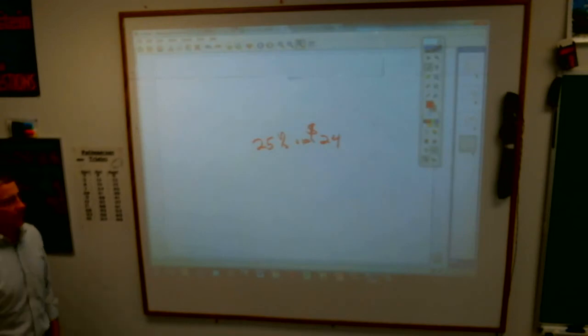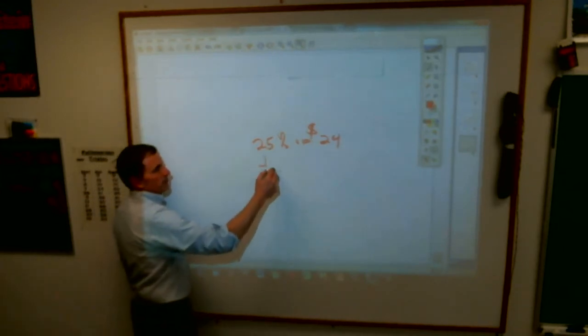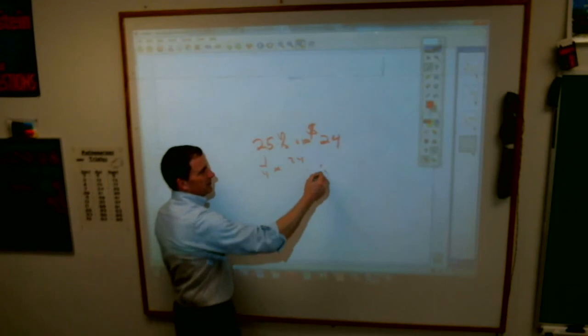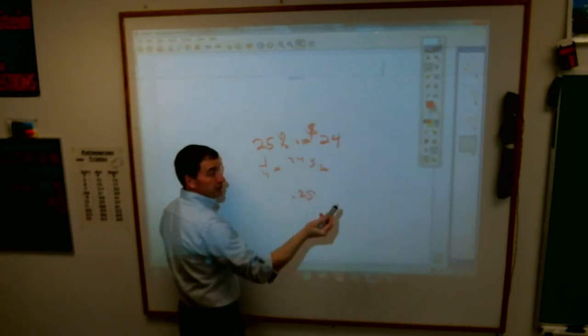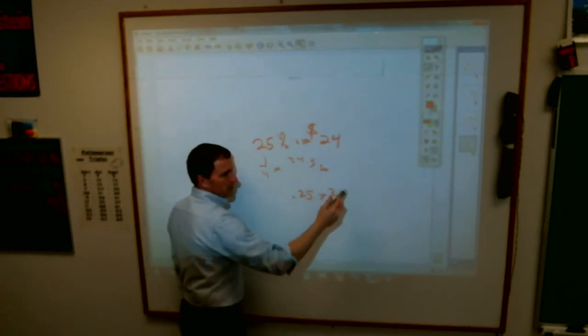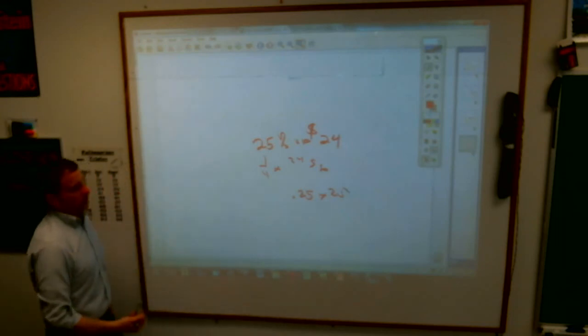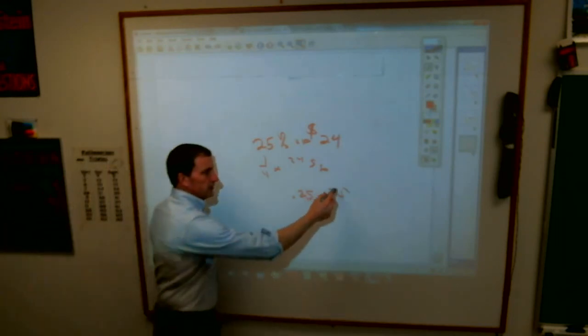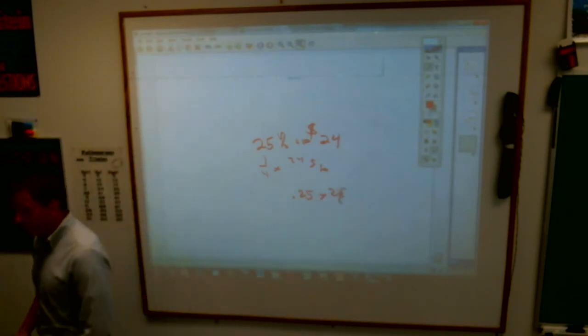Because 25% is 1/4, and what's 1/4 of 24? You should be able to figure that out. $6. Now, if you change that to 0.25, which you can do, but what's 0.25 times 24? Can you do that one in your head very well? No. See, I'm here to make your life easier.